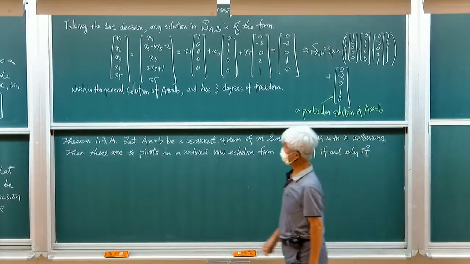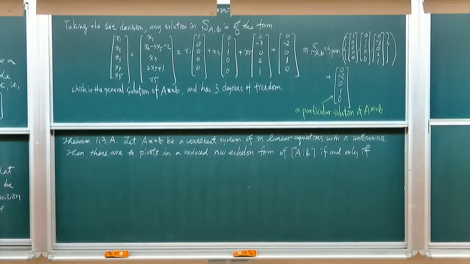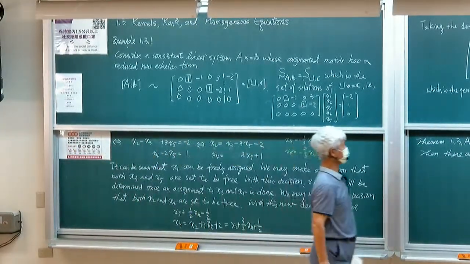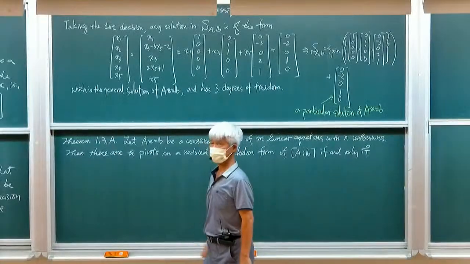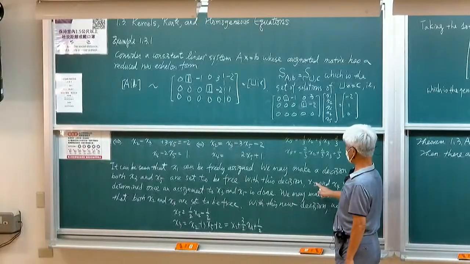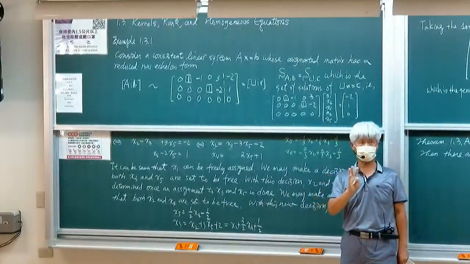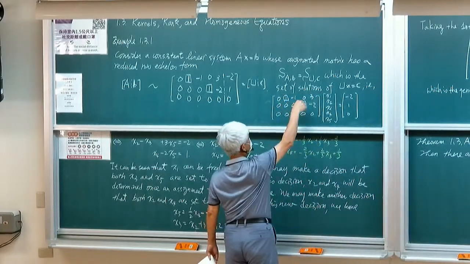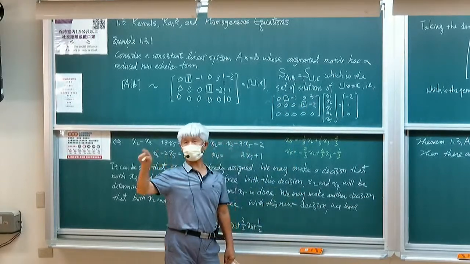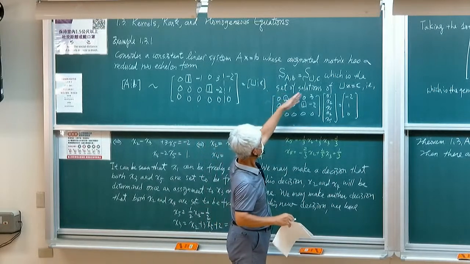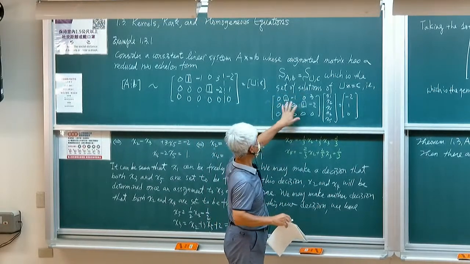Okay, just like here, there are 2 pivots. So now we have k pivots. If here we have 2 pivots, we find the degree of freedom is 3. What is 3? 3 is 5 minus 2, because we have 5 columns corresponding to 5 unknowns, and only 2 of the 5 columns have a pivot.